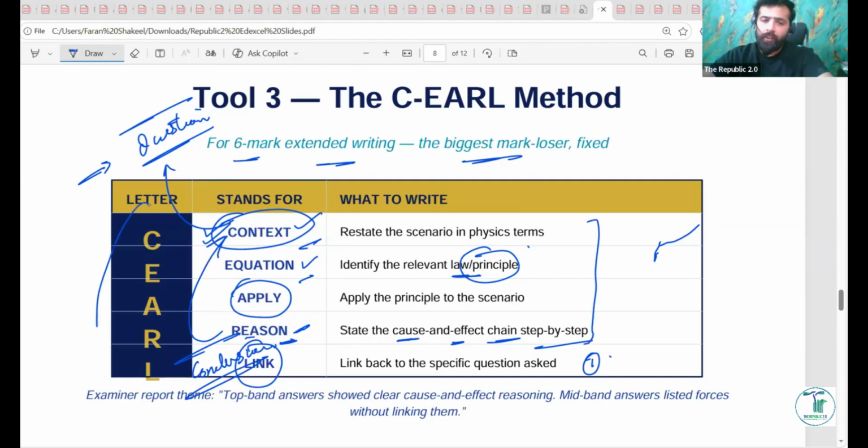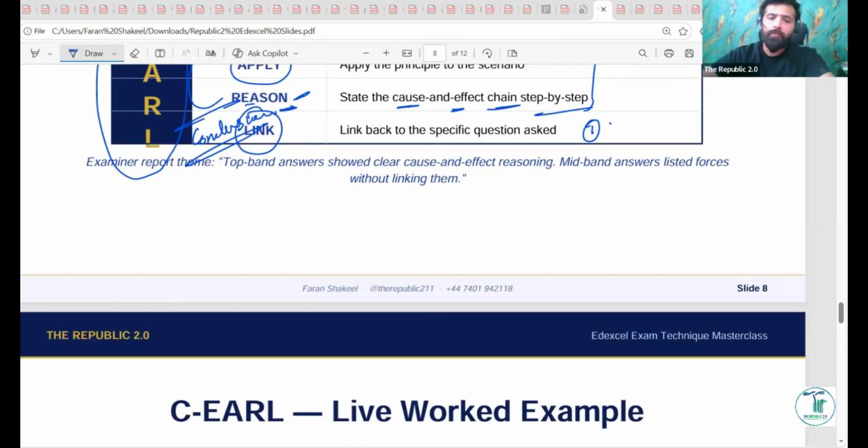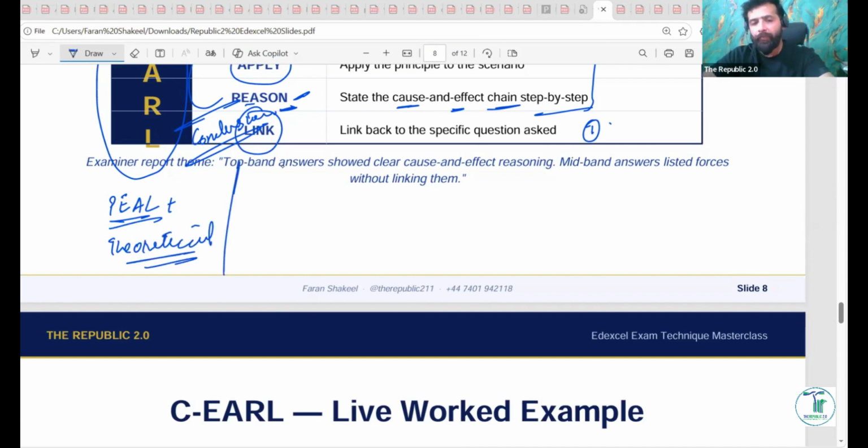So one is this one, the SIR, and there is another method known as PEEL plus. Both these methods are mentioned in the examiner reports. Okay, so we've got the SIR, and then we've got the PEEL plus method. For the PEEL plus method, this is for questions which are mostly theoretical. For example, P for principle.